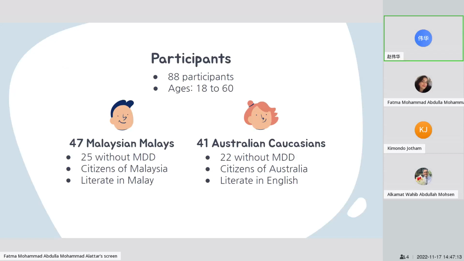I think it's okay, since there are 25 without MDD in medicine subjects and 22 with MDD, so it seems equal. That's what I was trying to say. Thank you, Professor.